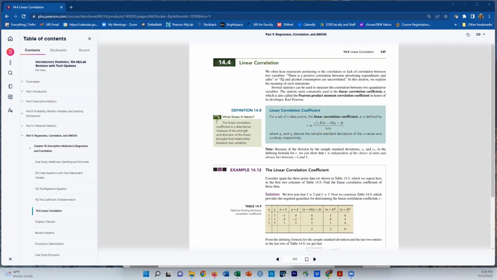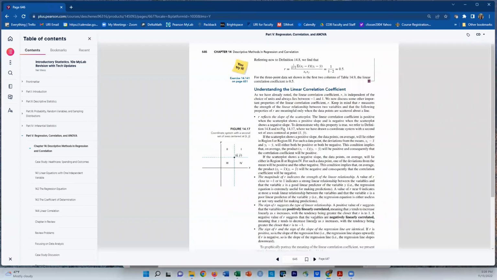What I do think is important, though, is that we identify a few things about this. So the R reflects the slope of the scatter plot. You can read through this if you want, it has a little bit more depth in description of where that comes from.